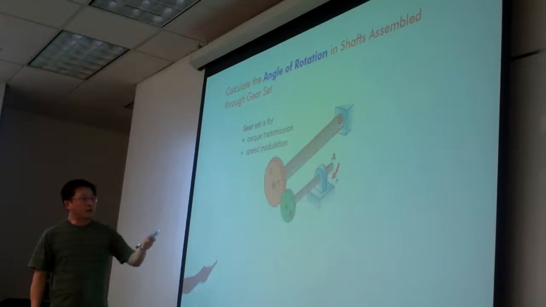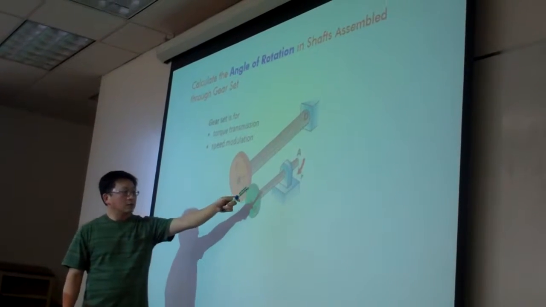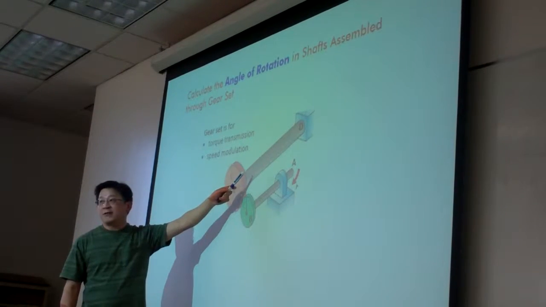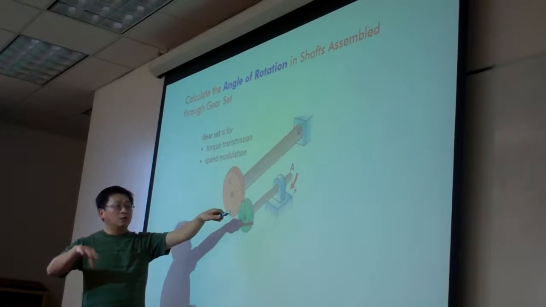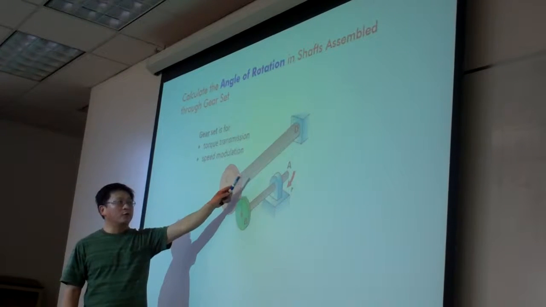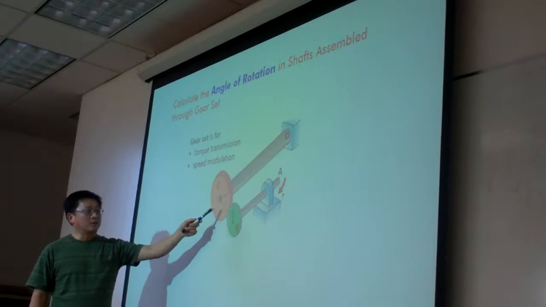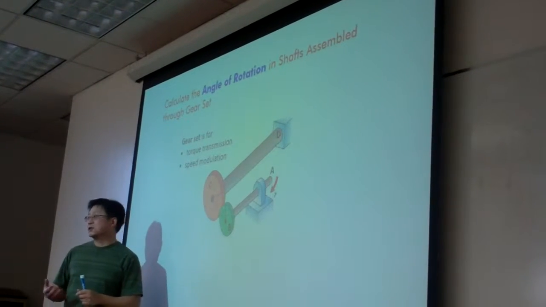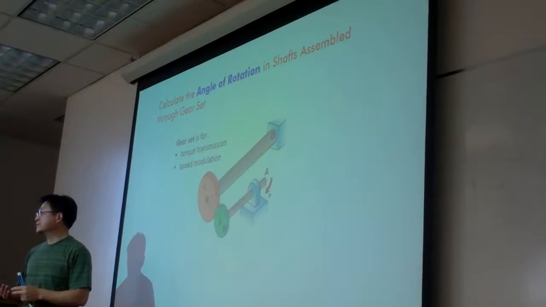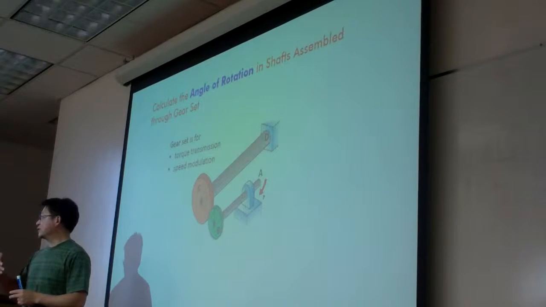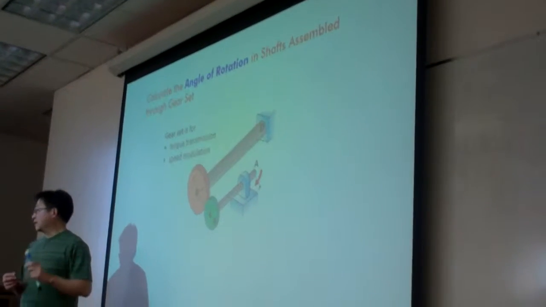Back to our problem here: the shafts are the only elastic objects. That means only the shaft will be distorted, will be twisted, and the gears by themselves only transmit power and force and regulate the rotation speed.